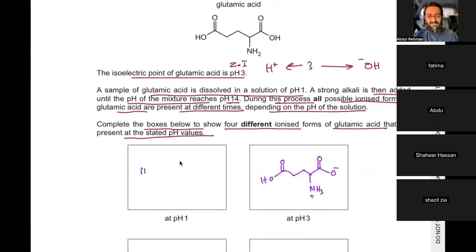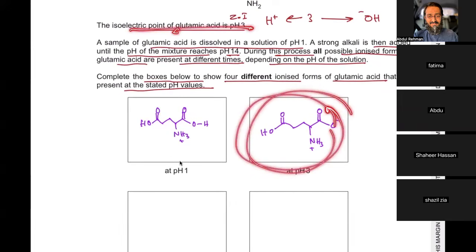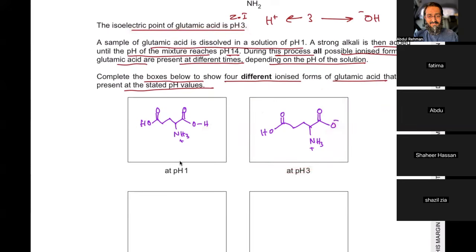So the O negative accepts the hydrogen, and it is already NH3 positive. That is how it behaves at pH 1. Remember: at the isoelectric point, make a zwitterion; at lower pH, put the H on all the negative O's; at higher pH, it loses the H.